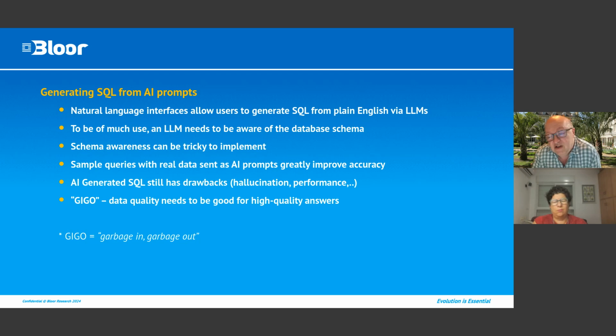Now, rather than just saying, "Oh, it's all a bit of a problem," one of the things that has been shown is that rather than just telling it the schema in the prompt, if you give it a few examples of queries, you literally write some SQL yourself and bring back a few numbers, and feed that as a bit of prompt engineering before you issue the query you want, the accuracy of the generated SQL improves quite significantly. In some cases, several times better. So that's one useful tip.